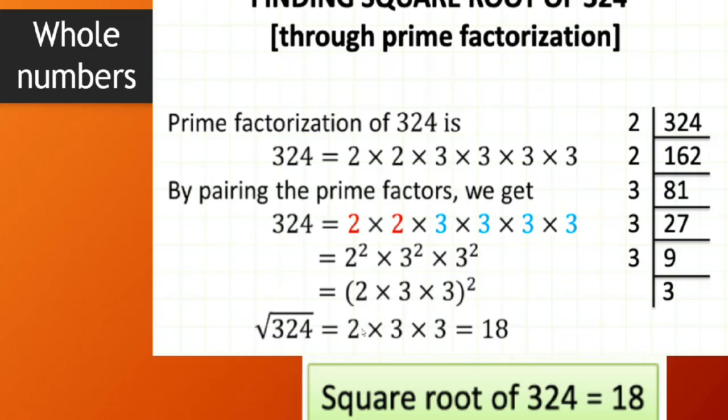So what is 2 into 3 into 3? Which is 18. So the square root of 324 is 18. Isn't it easy? We can find the square root of any number through prime factorization.